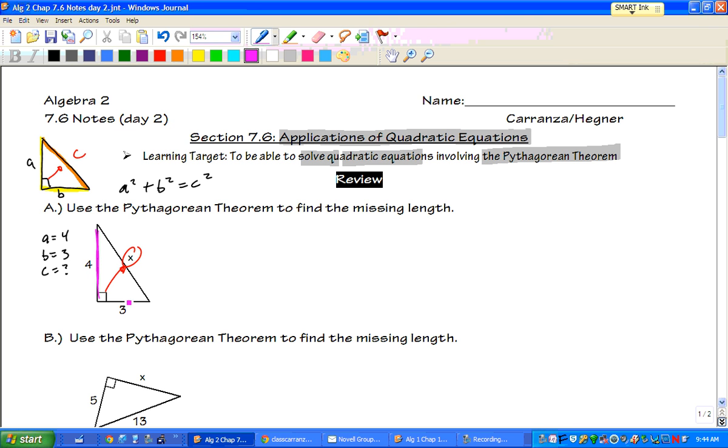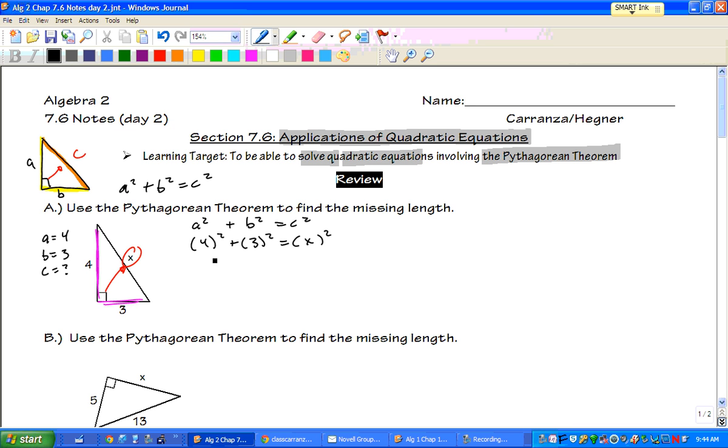So we know these are our legs. So a squared plus b squared equals c squared. We're always going to put the number inside the parentheses. And that's just going to help us out for some of the new problems that we're going to be doing.